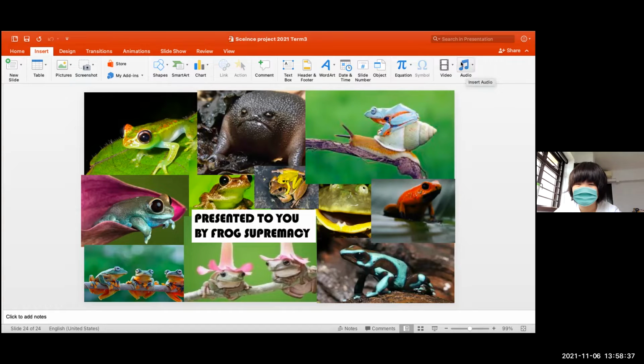Insert audio, yeah. You need to go to the arrow, audio. Yes. And then there is the audio browser. And there is the audio file. So you need to add the audio file, which you can download from that website.